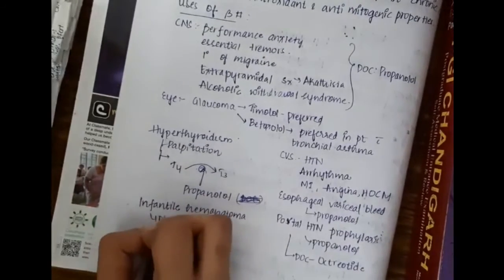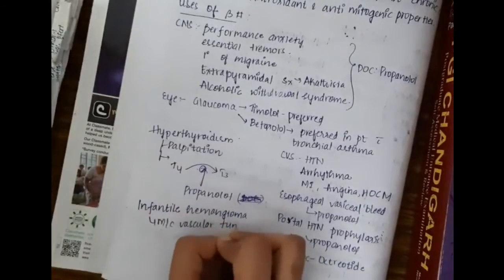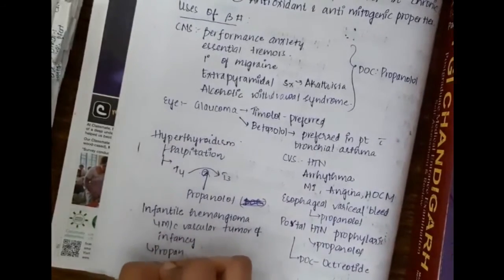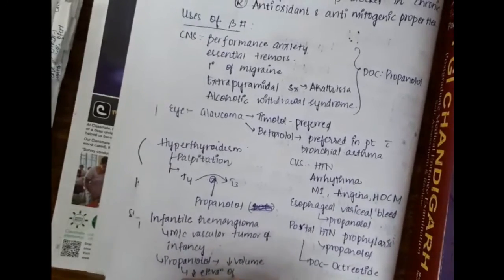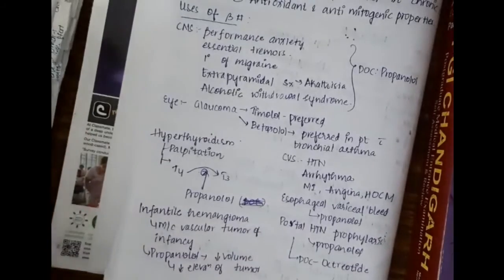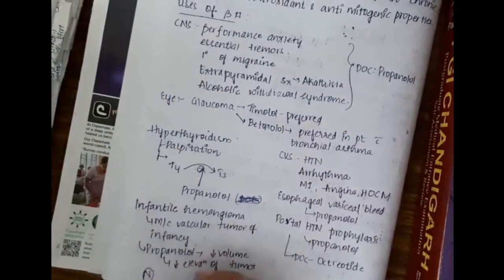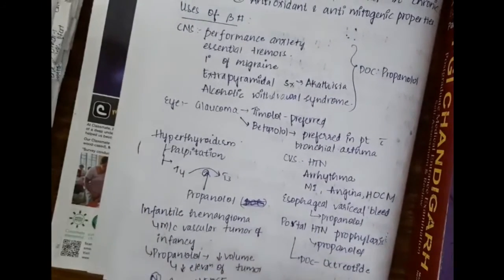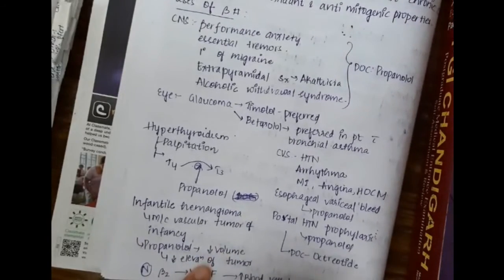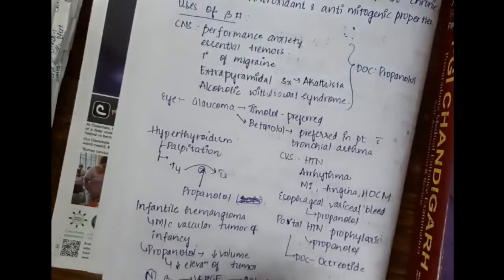Infantile hemangioma is one of the most common vascular tumors of infancy. For this, propranolol is used. Propranolol will decrease the volume of the tumor. Normally beta 2 receptor activation causes vascular endothelial growth factor release, which increases angiogenesis.